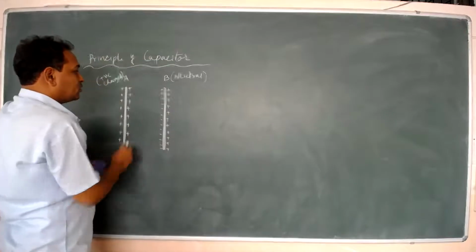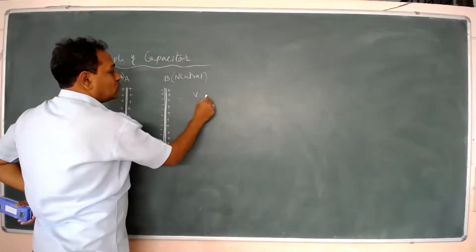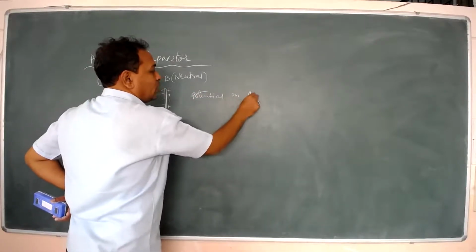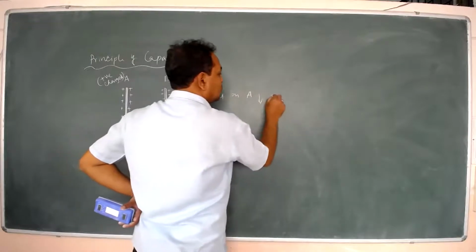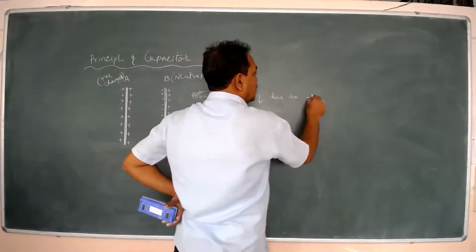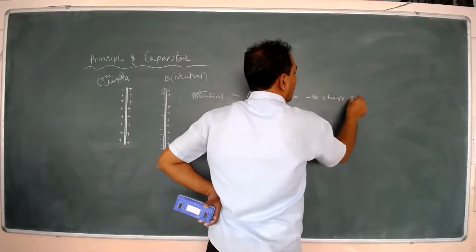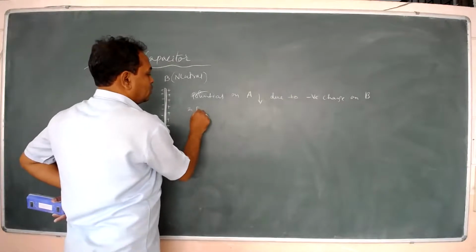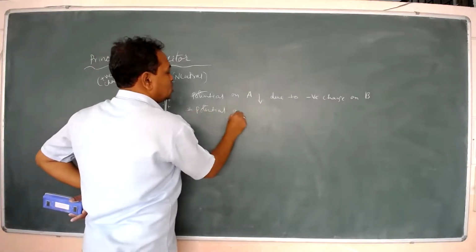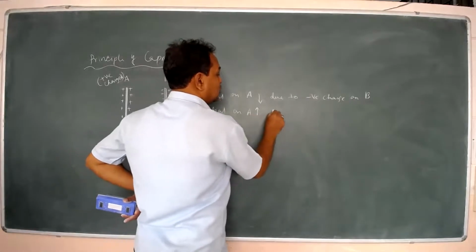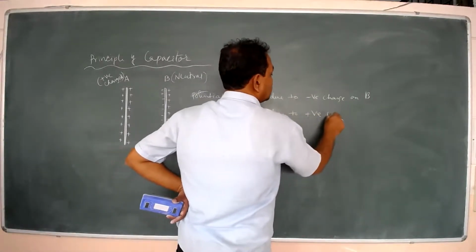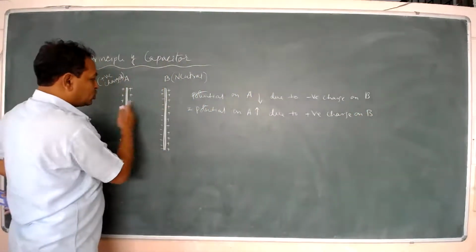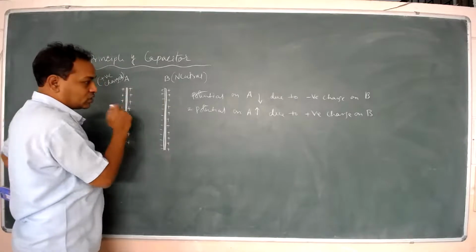So I can say that potential on A decreases due to negative charge on B, and potential on A increases due to positive charge on B. Due to positive, its potential increases; due to negative, its potential decreases.